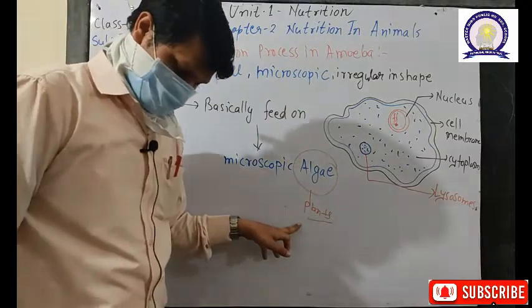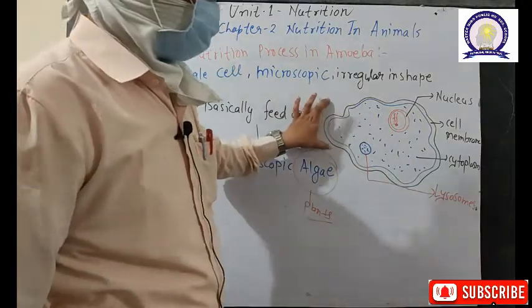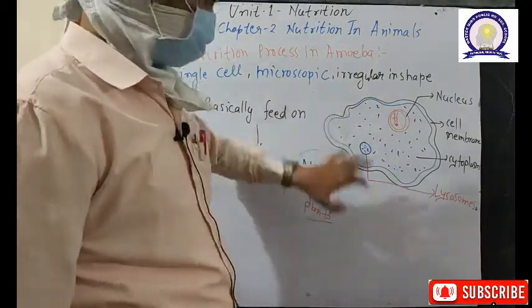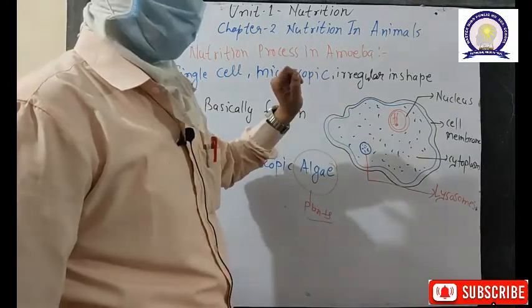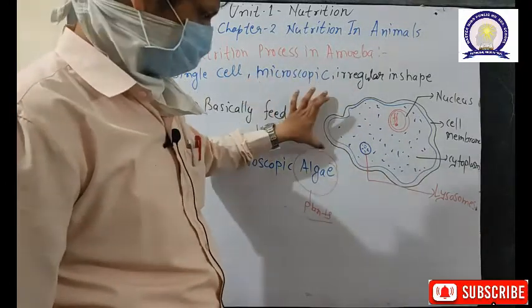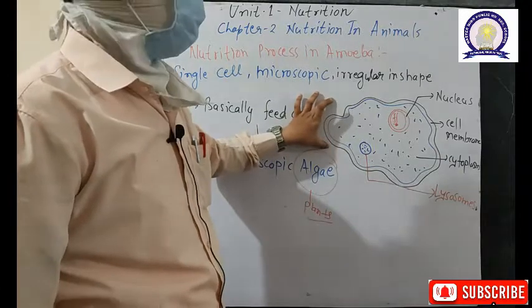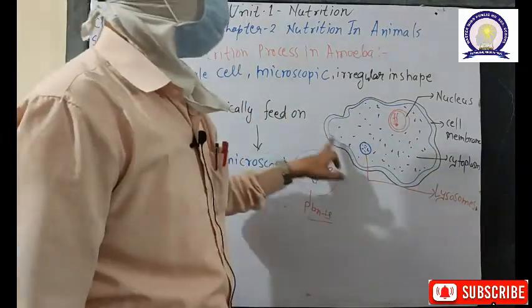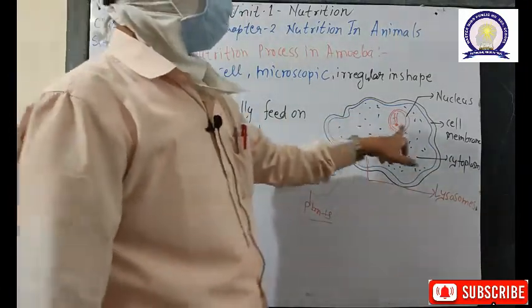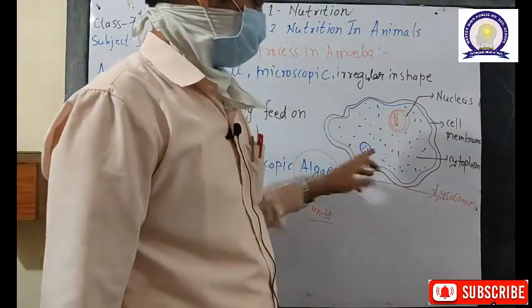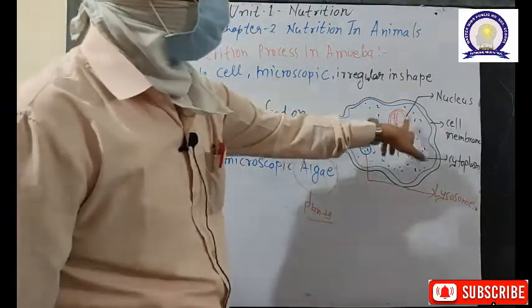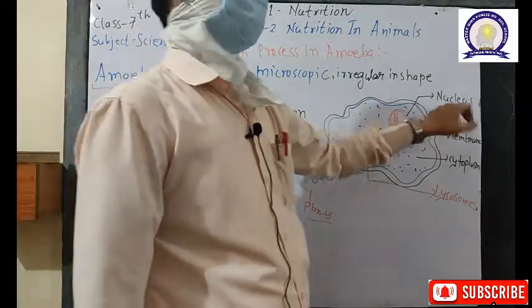So in a general view, the amoeba looks like this shape. Already told that it is irregular shaped, and it is a single cell organism. That's why the whole organism or animal is made up of a single cell. So various parts in this: the main part of the cell is called a nucleus.